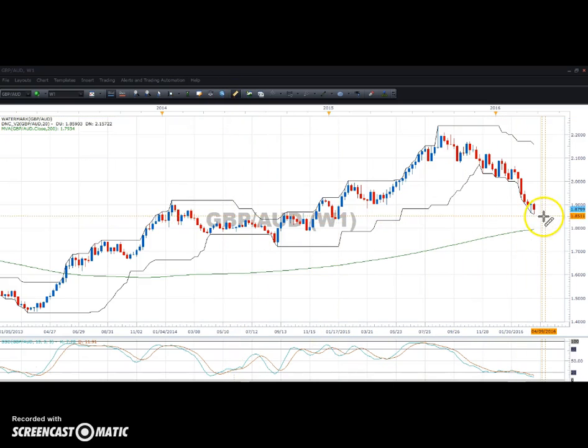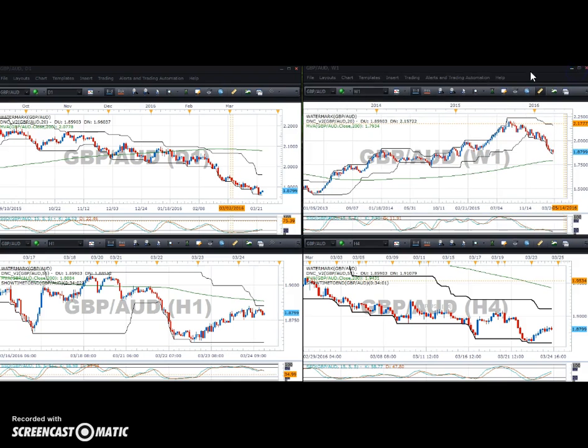At that level, that's about 364 pips. I'd be interested in getting a part of that price action if possible, if and when price moves down to that level. So, in a nutshell, multiple time frame analysis and Donchian channels, that's what I'm looking at.